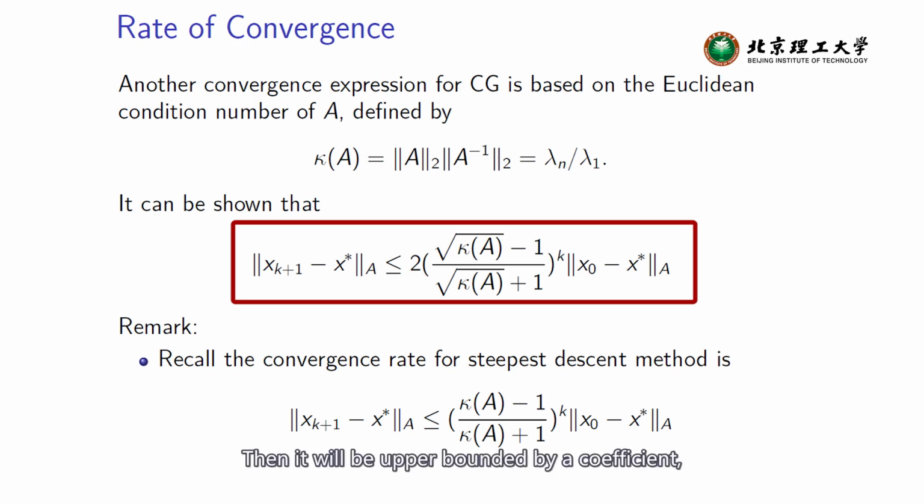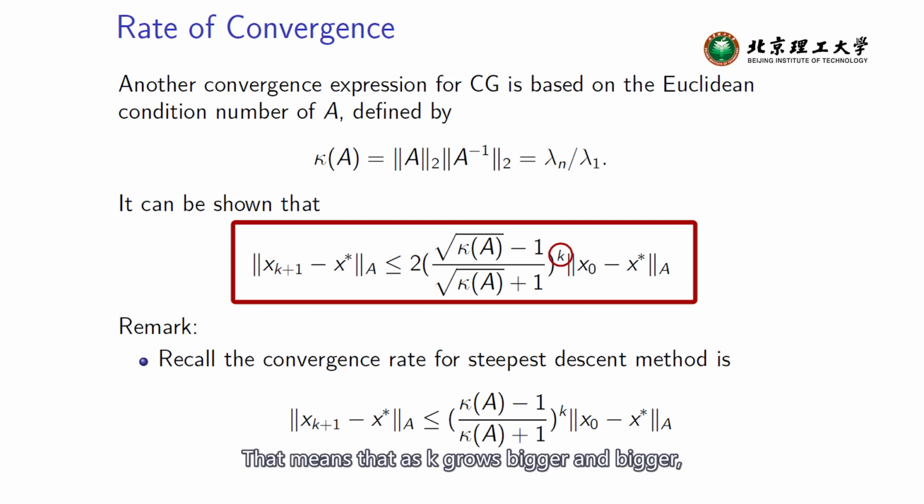Then it will be upper bounded by a coefficient, which is a ratio, multiplied by the distance from the initial point to the accumulation point. Okay? So as you can see, we have power k here.